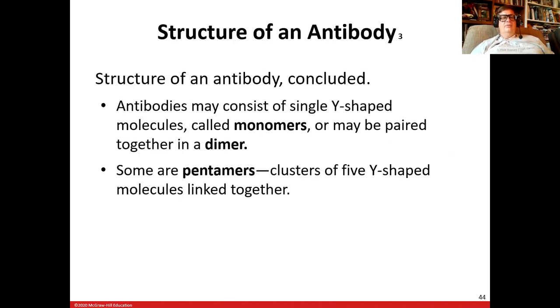All right, so antibodies, part of your defense system, could be a single Y-shaped molecule that's a monomer, or it could be two of those stuck together, which is called a dimer. If you had 5 of those little Y's stuck together, it would be a pentamer. Those can grab onto lots of the antigens and clump them together.